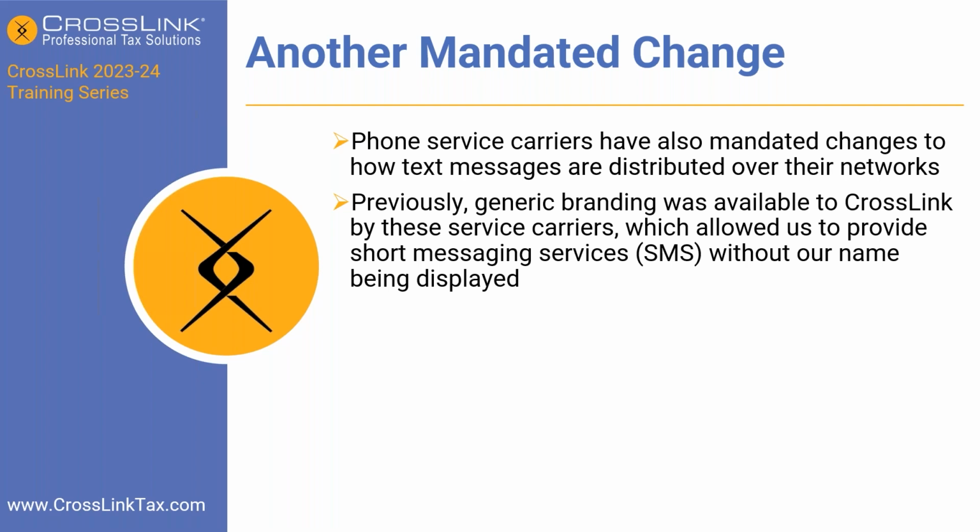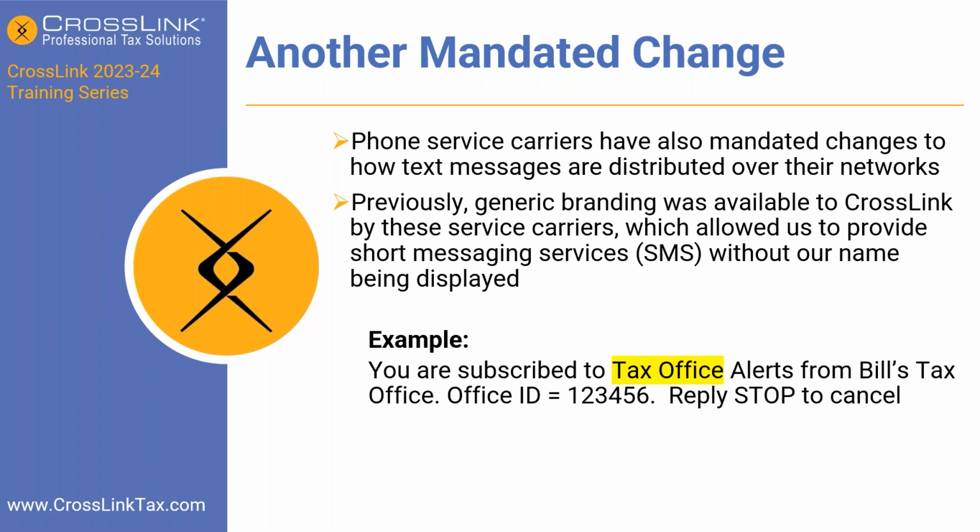So what I'm describing here is our TextLink Plus services is sending a text message from the software to your taxpayers. Previously, this is what your taxpayers would receive when they receive the text message. It would state you're subscribed to tax office, Bill's tax office, and display the message that you sent to them.